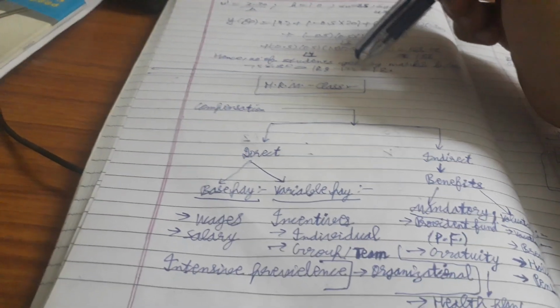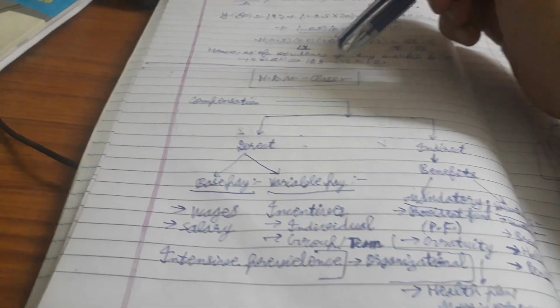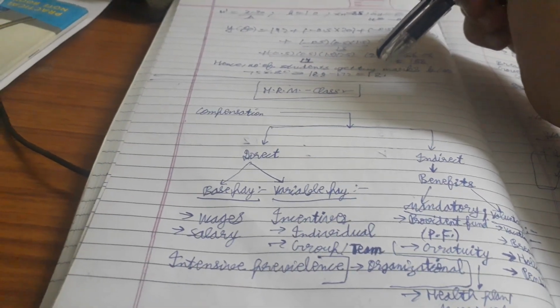Hence the number of students getting marks between 75 and 80 is equal to 188 minus 172 is equal to 18.